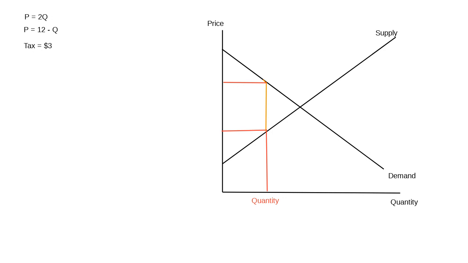This is what consumers pay. And this is revenue per unit for firms. With this information, we pretty much can answer all our questions.